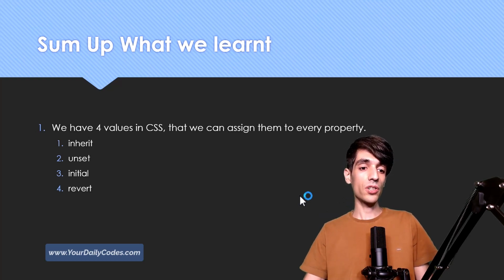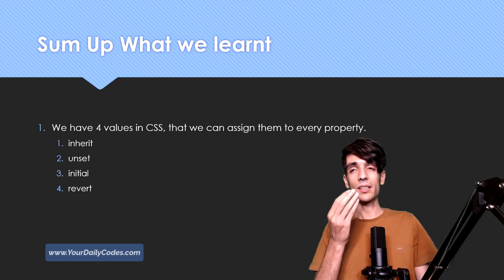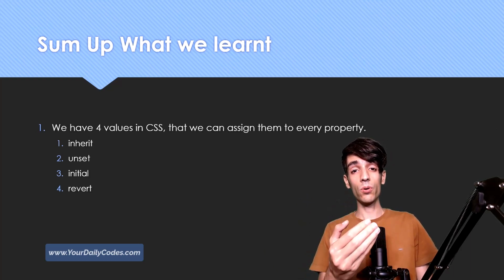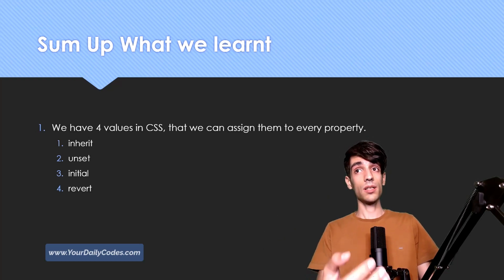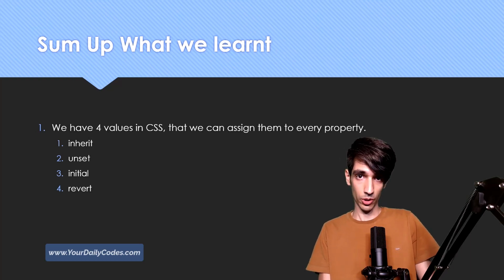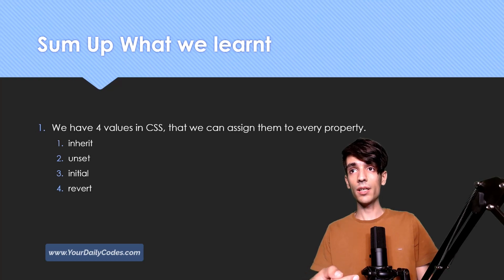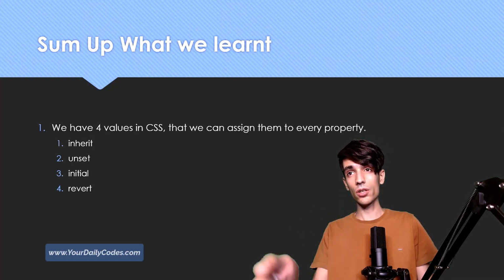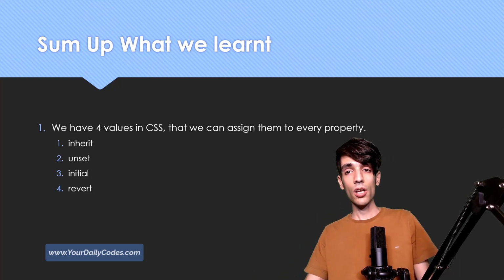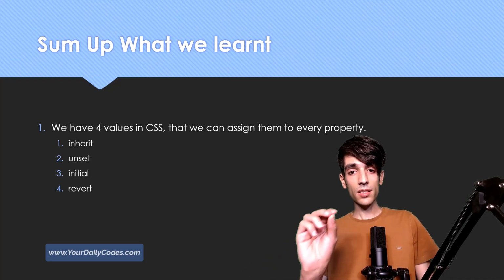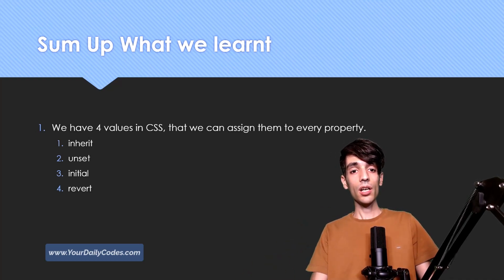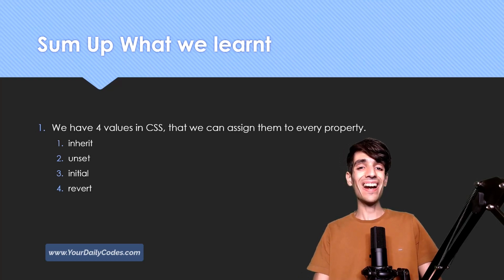For example, what does inherit do? Well, as you can remember, I told you before that some CSS properties are inherited by default, for example color, but some of them are not, for example font size. So if we have a p tag and we set the font weight to inherit, it will inherit from its parent container.